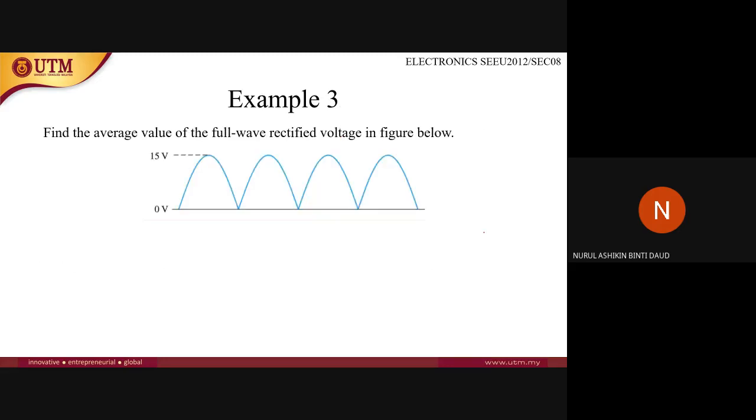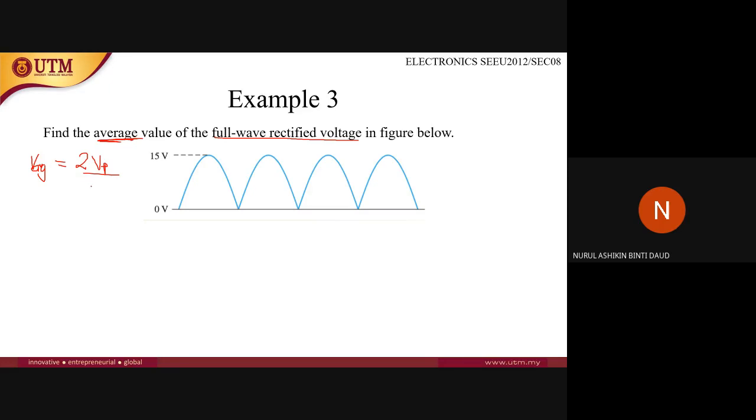Next: find the average value of the full wave rectified voltage in the figure below. You need to know the formula to find the average value, which I have given to you right before. The average value equals 2 VP, the peak of the voltage, divided by pi.